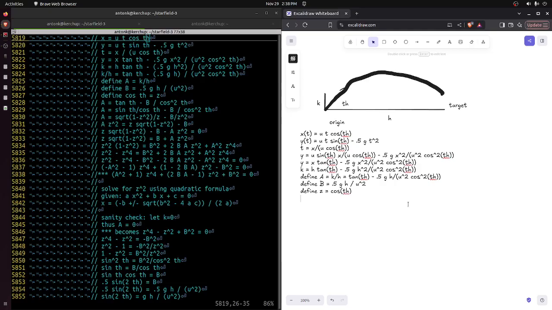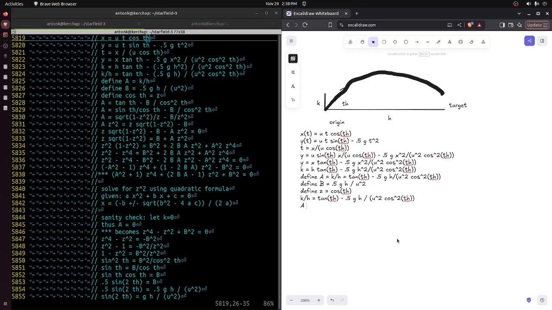Okay, so now we can simplify. With this equation, if we divide both sides by h, then we're going to have k divided by h, which is tangent of theta minus 1/2 gh divided by u squared cosine squared of theta.